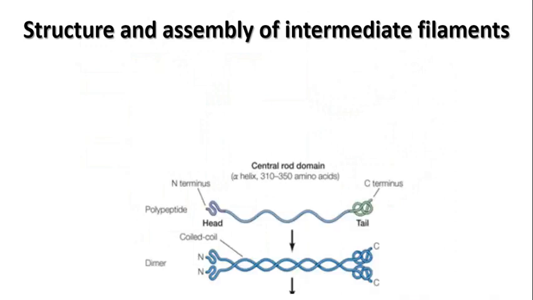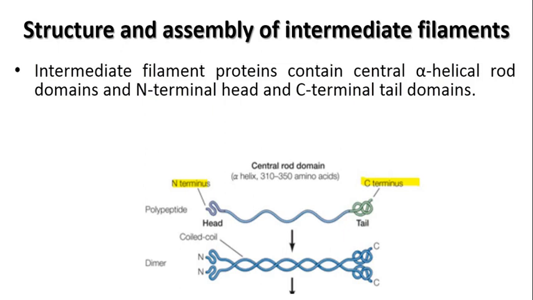Now, we study the structure and assembly of intermediate filaments. You have an N-terminus and a C-terminus domain. There is a central rod domain consisting of an alpha helix with 310 to 350 amino acids. The intermediate filament proteins contain a central alpha helical rod domain, an N-terminal head and a C-terminal tail domain, as already highlighted.